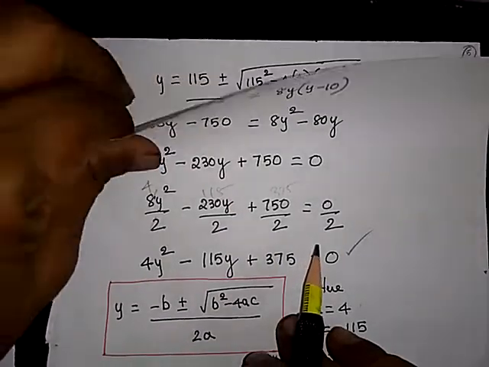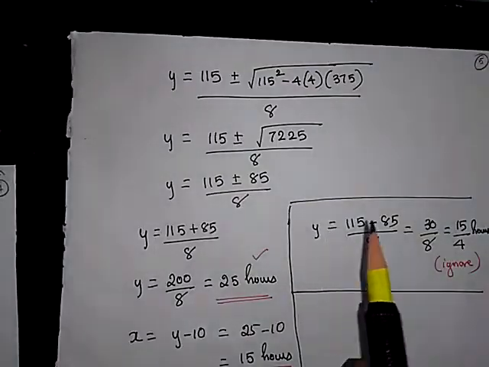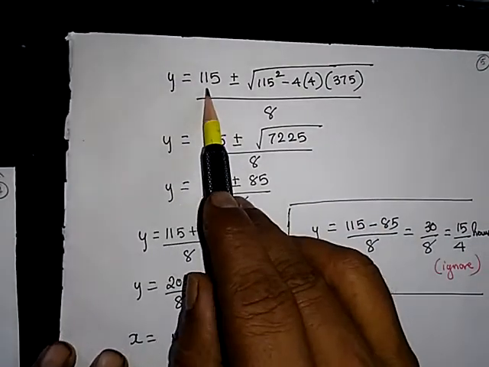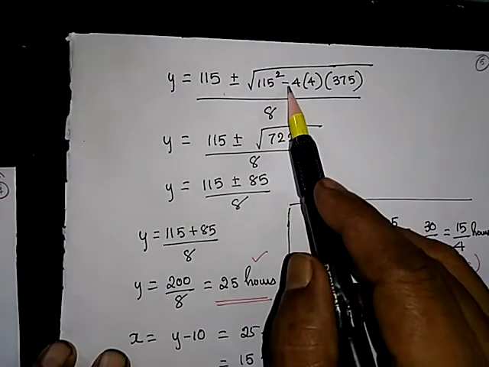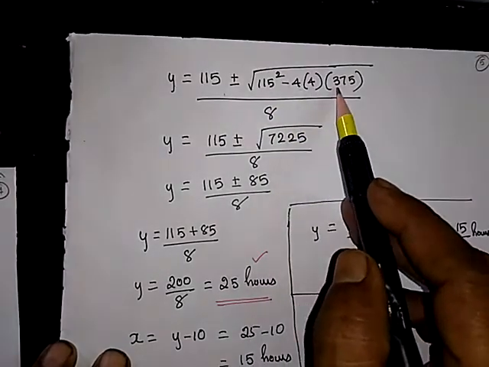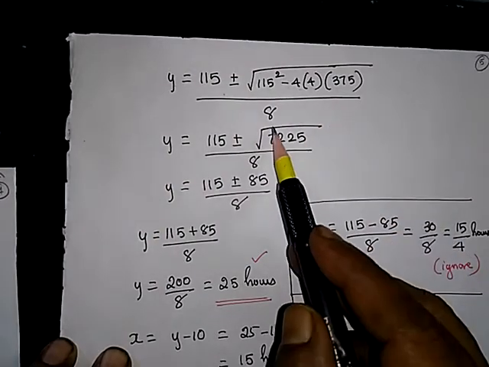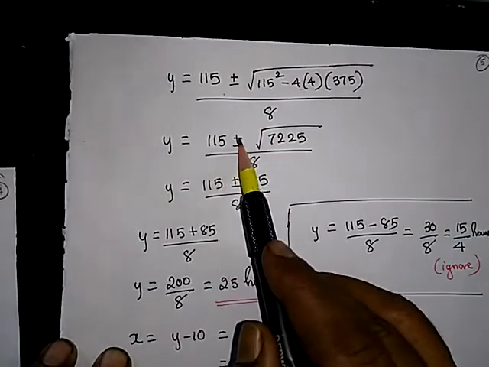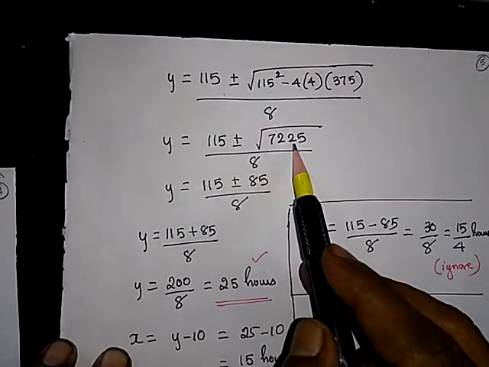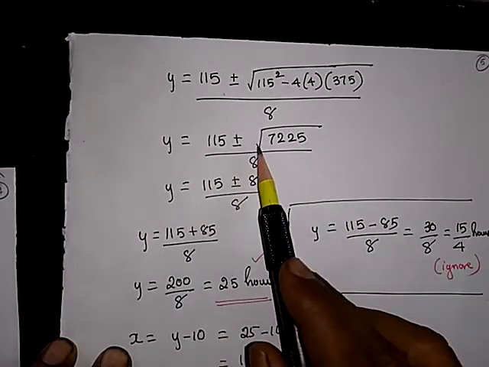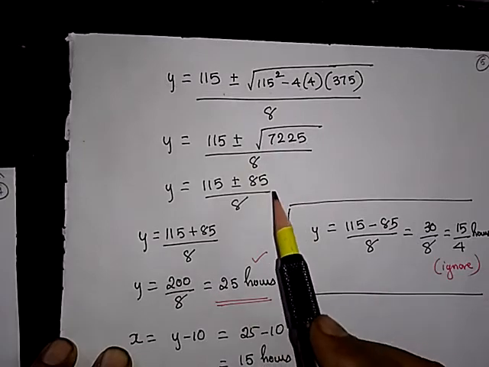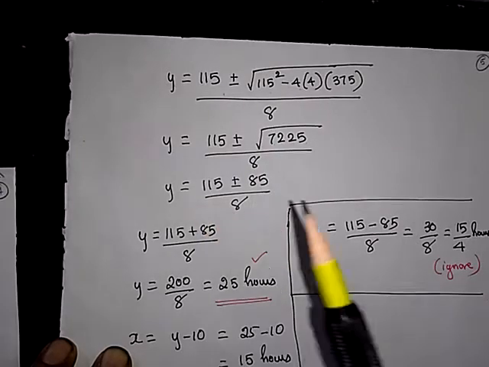Now what you get is y is equal to 115 plus or minus root of 115 square minus 4 4s are 16 into 375, divided by 8. 115 plus or minus root of 7225 divided by 8. 115 plus or minus root of 7225, which is 85, divided by 8.